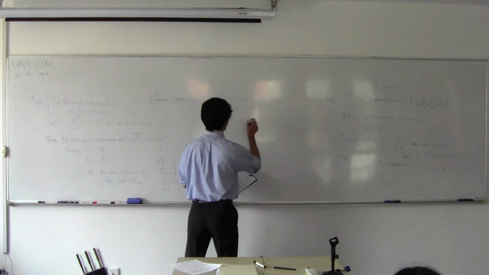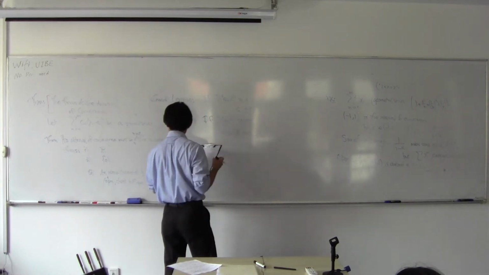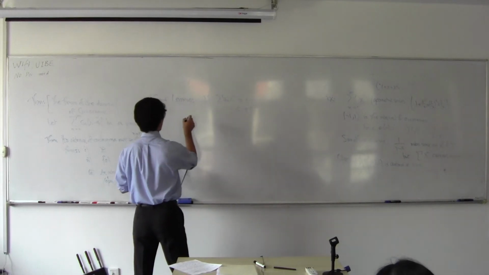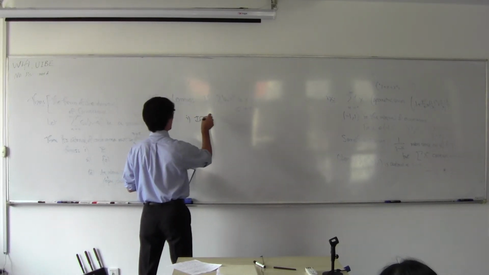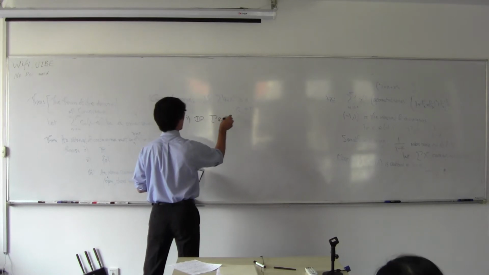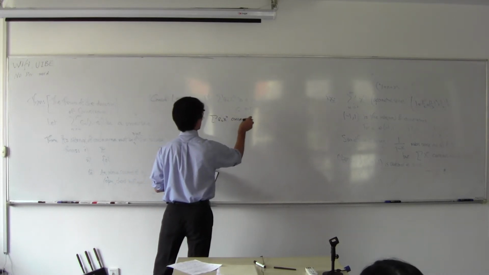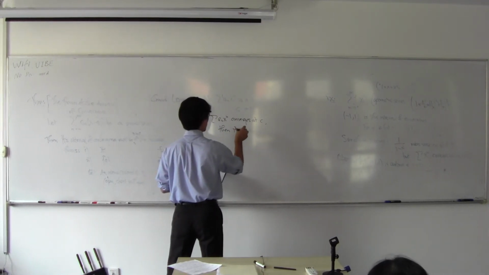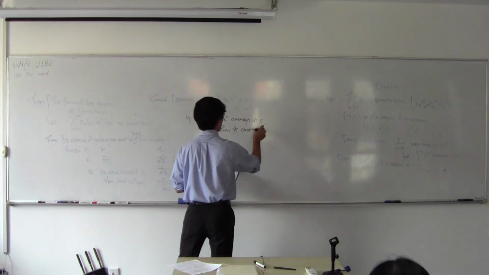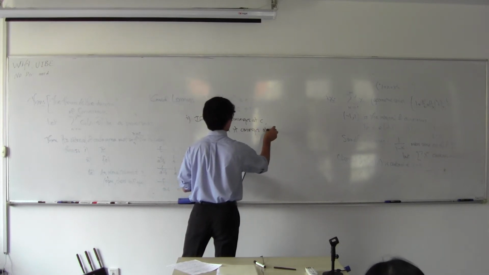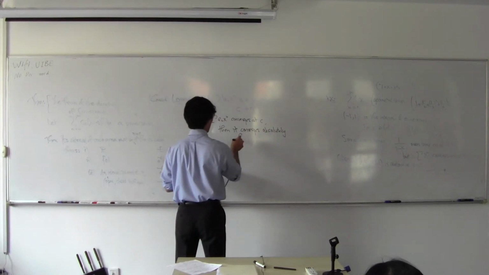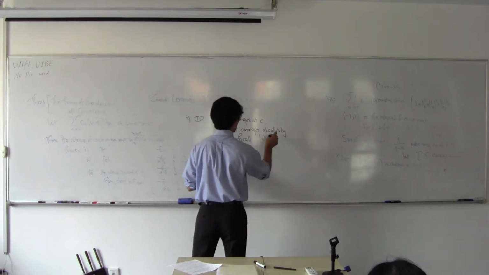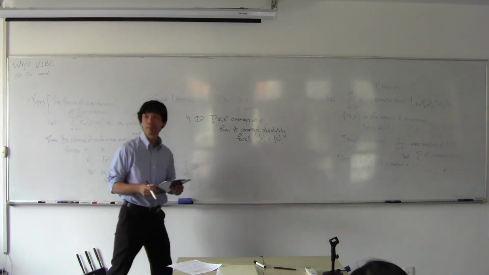So if the series converges at c, then it converges absolutely for all x such that the absolute value of x is less than the absolute value of c.